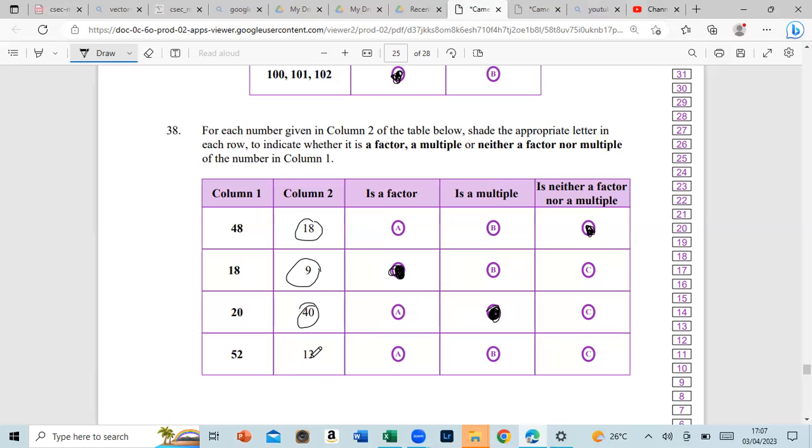For the last one now, 13. Is 13 a factor of 52? Can 13 go into 52 without leaving a remainder? Somebody take that in the comment section.